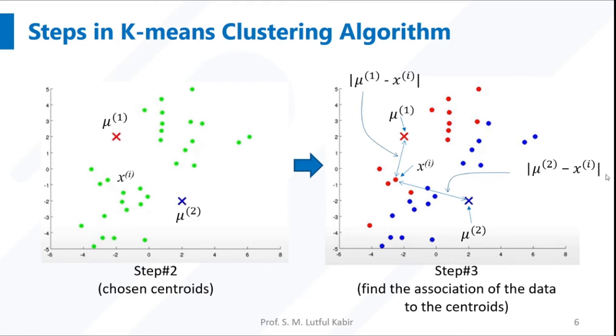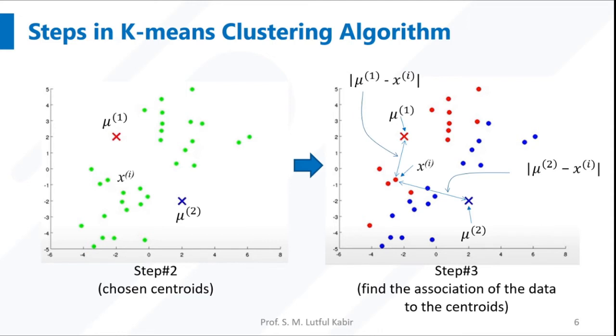Among these two distances, since mu1 minus xi is smaller, this point will be associated with this centroid. So all the red marked points are associated with the red centroid, and all the blue marks are associated with the second centroid mu2, the blue centroid.